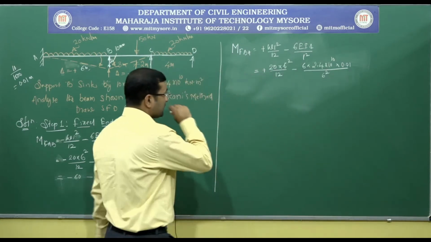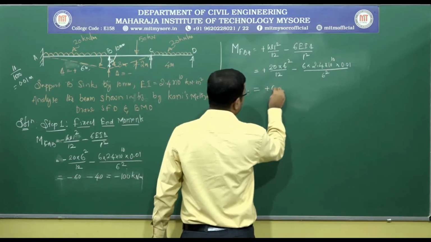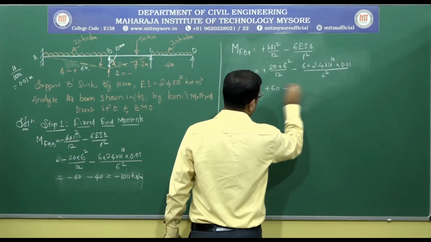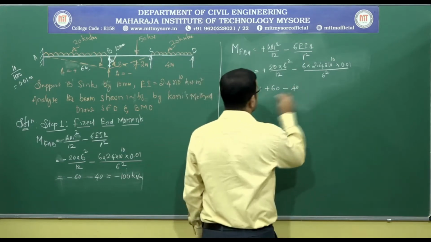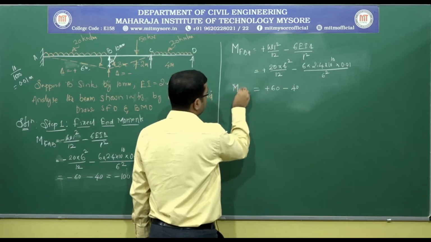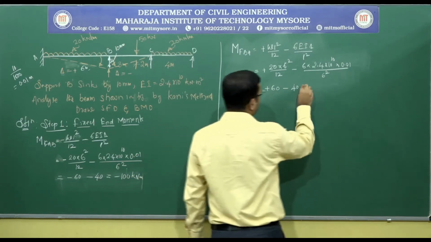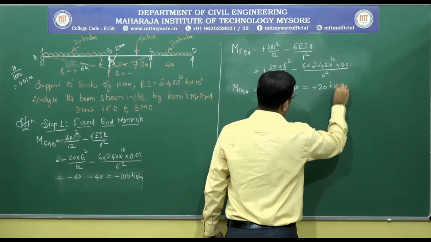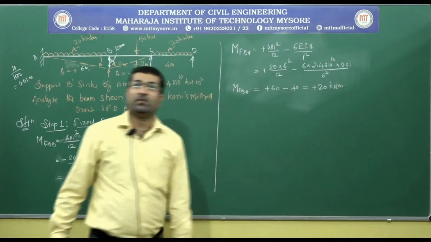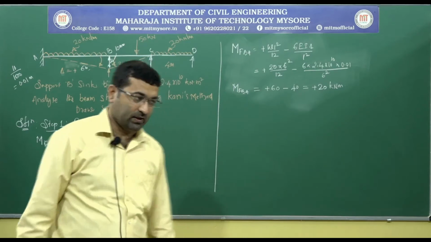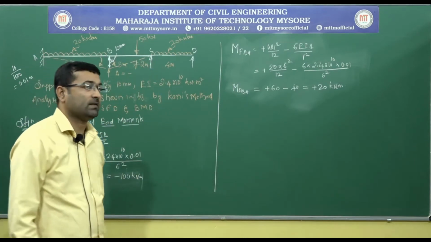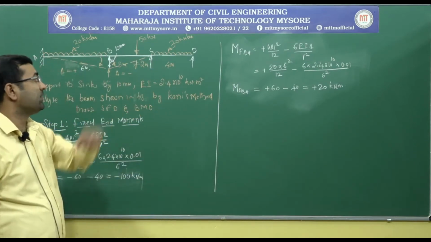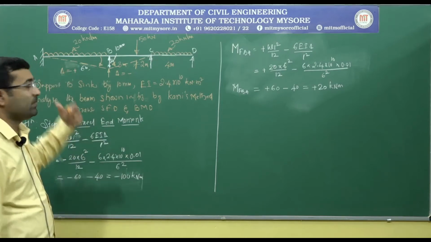We will get plus 60 minus 40, so MFBA is plus 20 kilonewton meter.